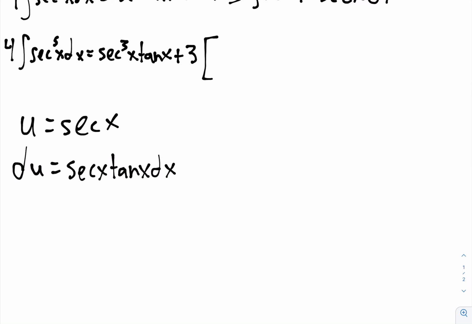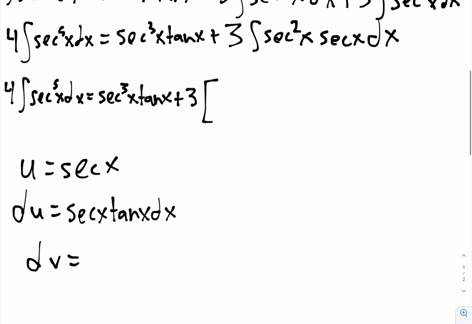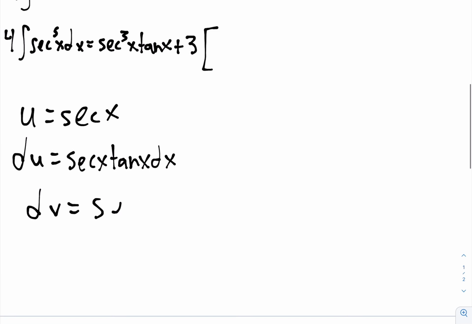Okay, and then remember we got to do our dv was just like the inside that we didn't pick already, so it was just secant squared dx, and then v is going to be the integral of dv, right? Because it's an inverse operation. We're going the other way now. Instead of differentiating, integrating secant squared to get tan x.